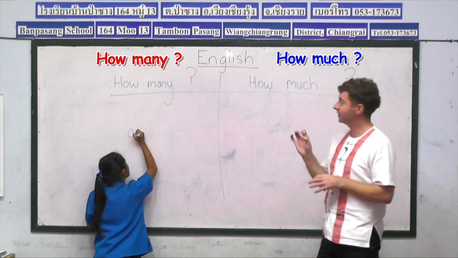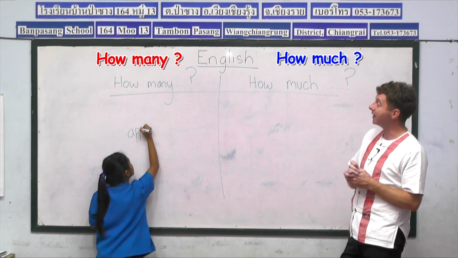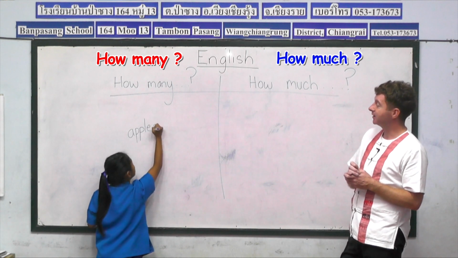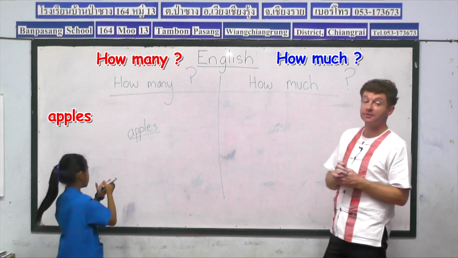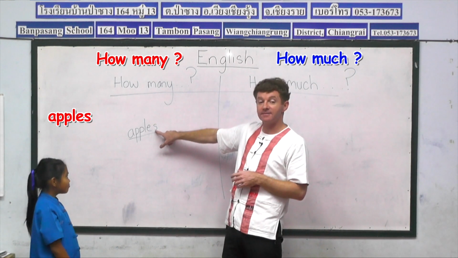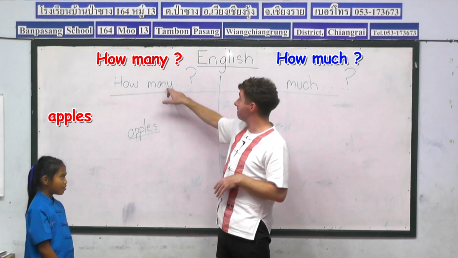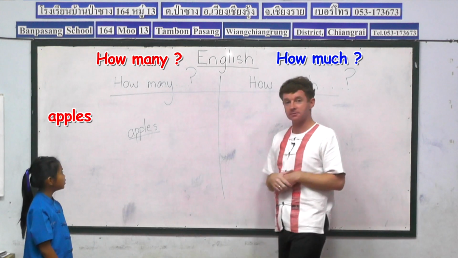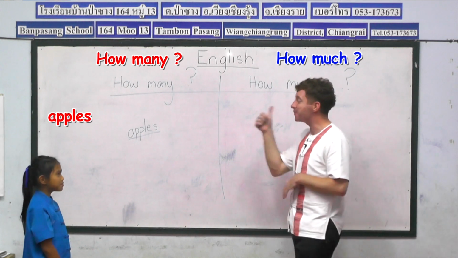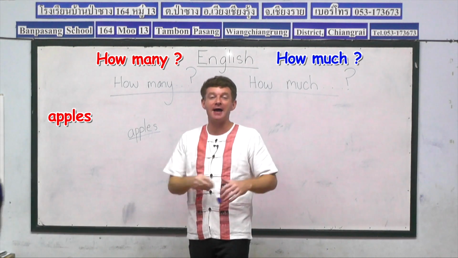A, P, P, L, E, S. You notice how countable nouns we can use the plural form with S on the end. So for apples we ask, how many apples? One more time, Pak Bung. Perfect. High five and a big round of applause for Pak Bung, guys.